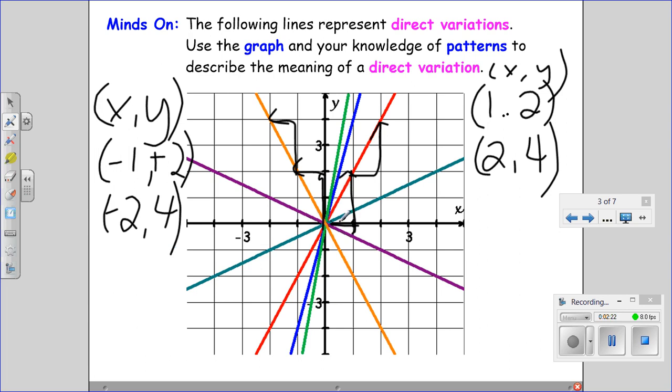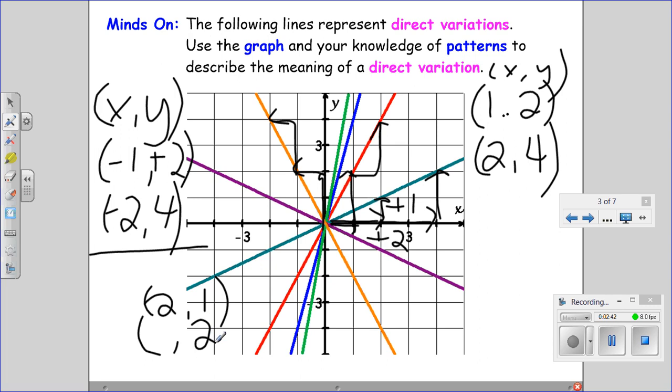If I look at this bluey gray line, when x increased by 2, y only increased by 1. So if I look at the blue line, I've got x is 2, y is 1. If I increase my x by 2 again, my y increases by 1 again, for a total increase of 2. So x is 4 right here, and y is 2.